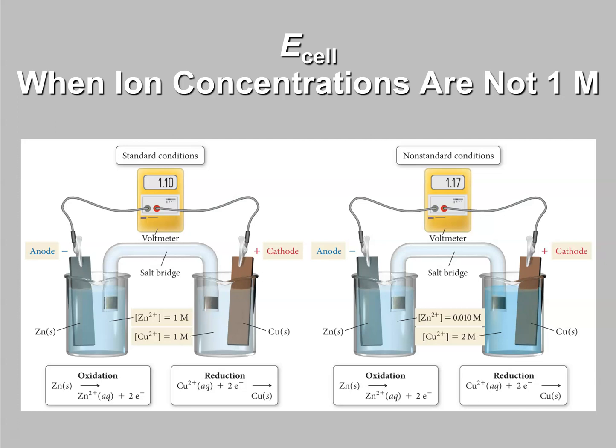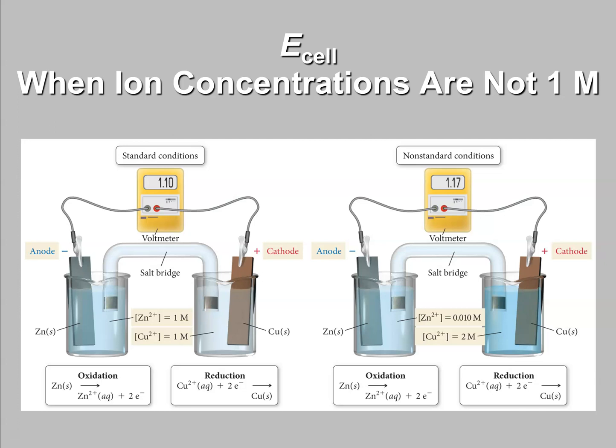That process occurs, and we know the cell is going to go in the forward direction, as we see here from the anode toward the cathode, to ultimately go until both the concentrations in solution are 1 molar.